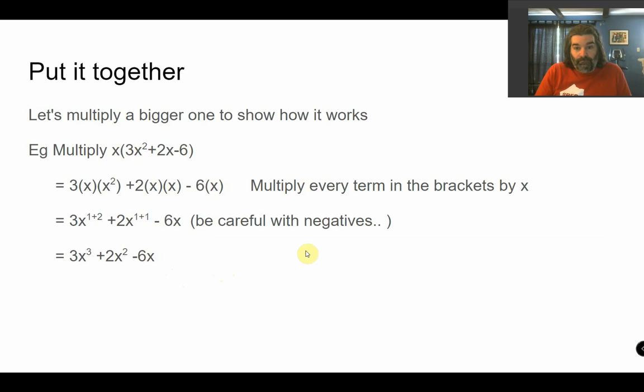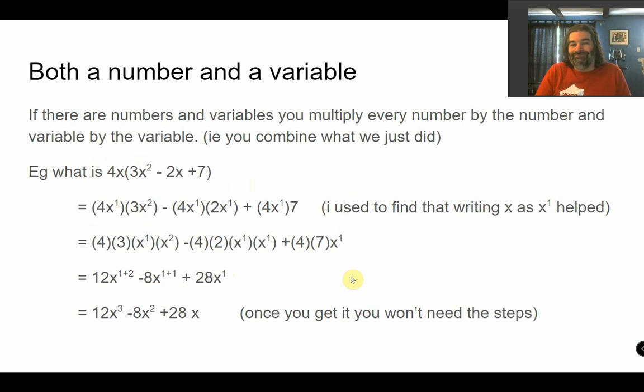So what if you do both? Well, if you do both, you just multiply the numbers by the numbers and the variables by the variables. So you multiply the numbers and add the exponents of the variables. So 4x, by the way, one thing I found really useful when I was learning how to do this: I kept making the mistake that I'd have trouble adding when it didn't have a number. So x is always x to the 1.